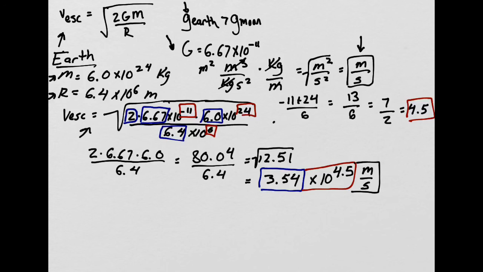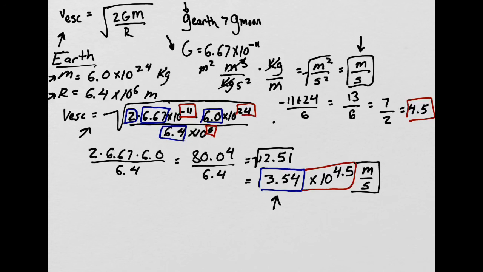We do our prefixes, which is 2, 6.67, 6, and 6.4. When you do all that math out, you get 12.51, but all of that is under a square root, so you do the square root of 12.51, which is 3.54. Next, you look at the exponents.